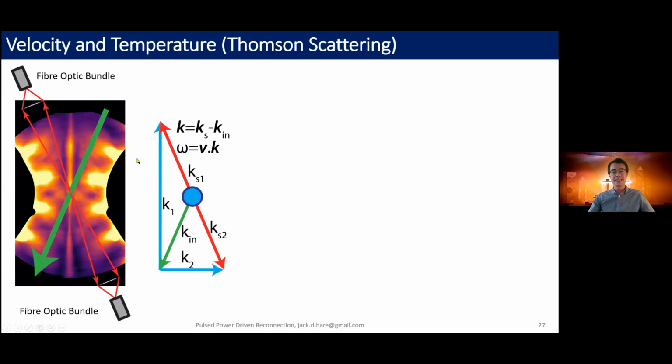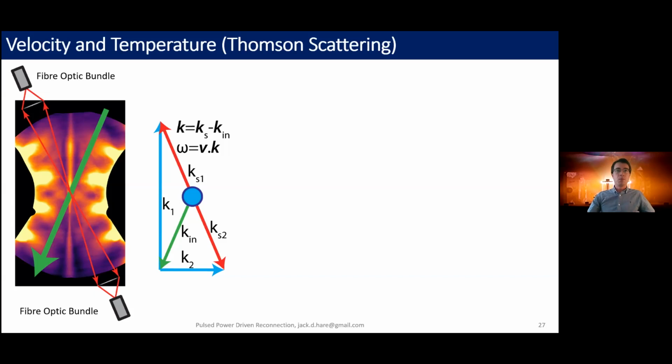And this process has to conserve both momentum and also energy. So by looking at the spectrum of light coming out in different directions, we can learn something about these modes. And these modes are waves inside the plasma. They're electron plasma waves, they're ion acoustic waves. So their properties strongly depend on things like the density and the temperature and the flow velocity in the plasma.